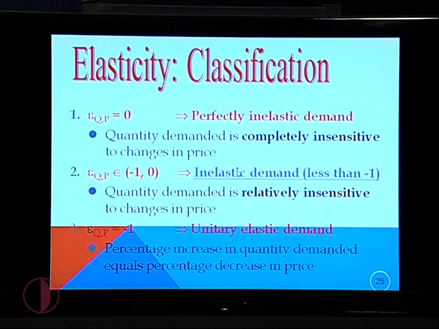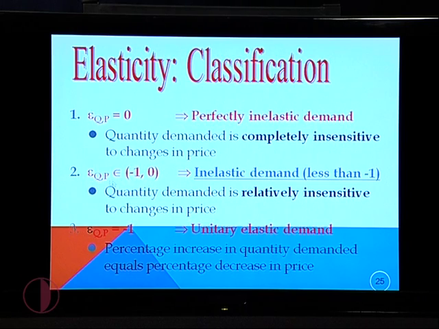Elasticity classifications: when we are looking here, there are different conditions. If elasticity is 0, then perfectly inelastic demand is expected. Quantity demanded is completely insensitive to the change in the prices.